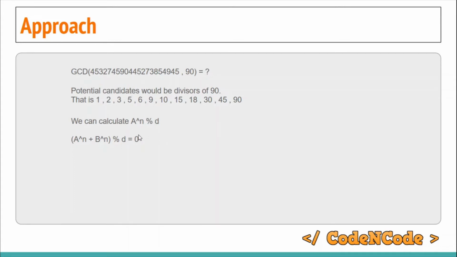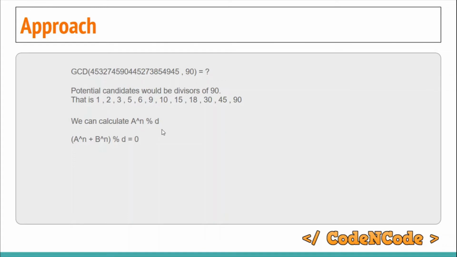This is modulo exponentiation, and we have studied it in lectures 9 and 10. So we can't calculate a raised to power n plus b raised to power n directly, but we can calculate a raised to power n modulo d, where d represents the current potential candidate divisor, right?